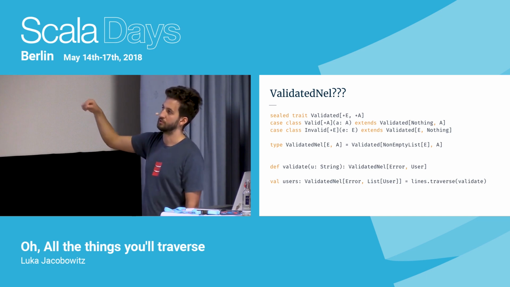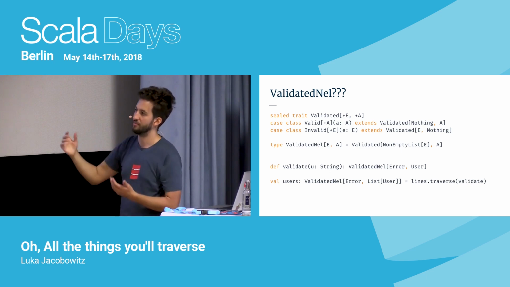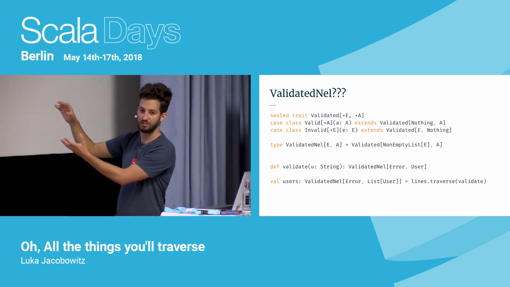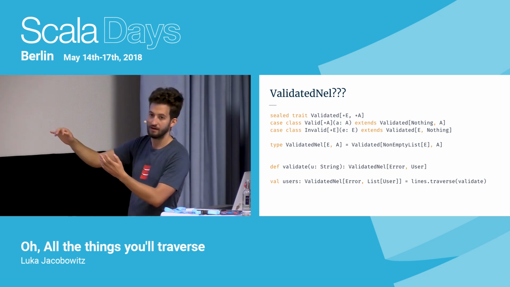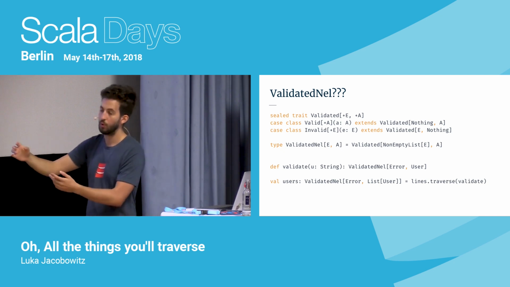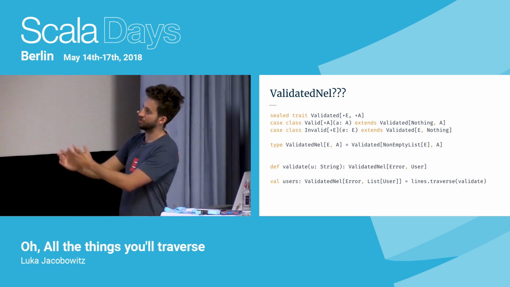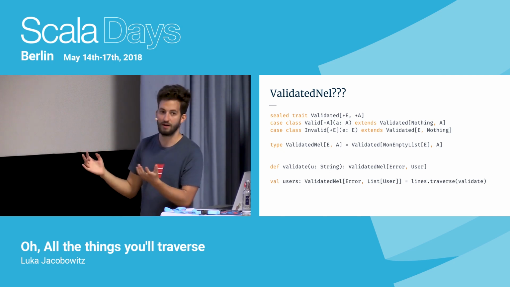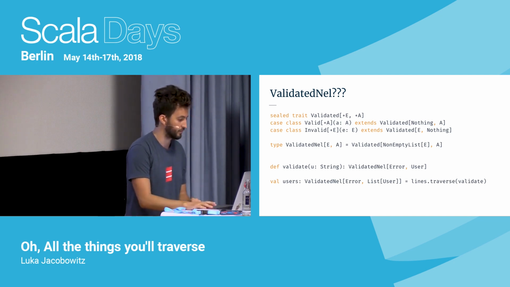And if we were to then sequence that, turn it inside out, we get this type validated NEL error or list user. So basically what this gives us is either a non-empty list of errors, or a list of users. And this is just a single line for validation with error accumulation, and that makes it really, really powerful and really cool in my opinion.